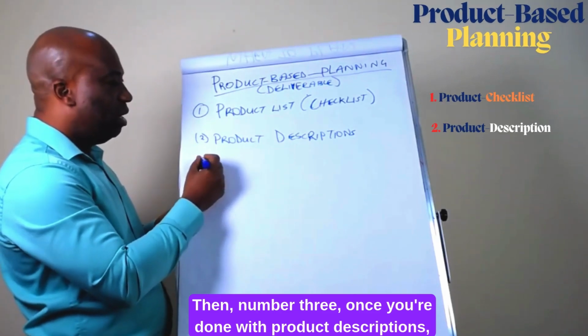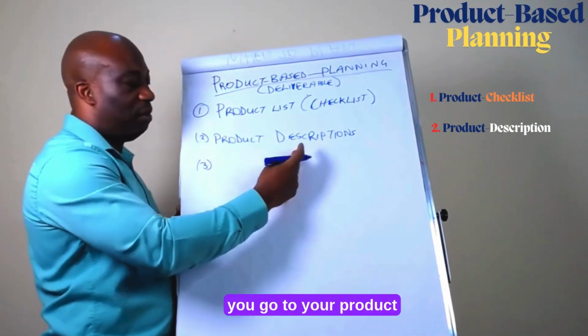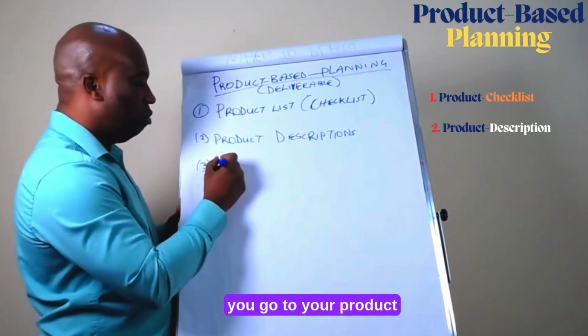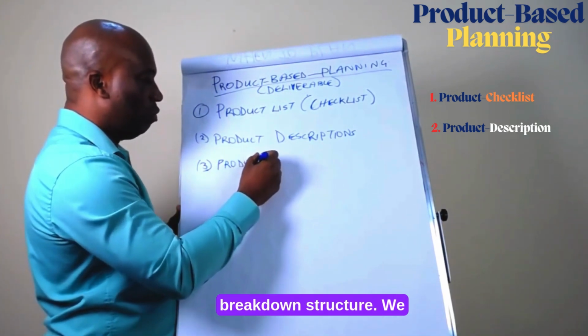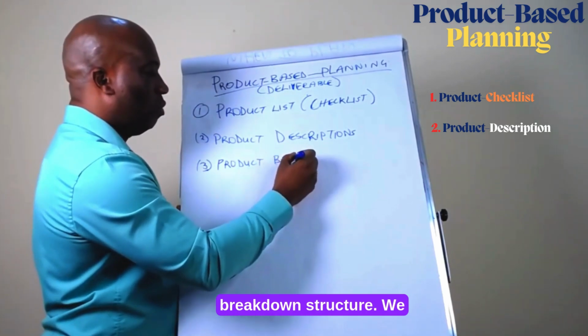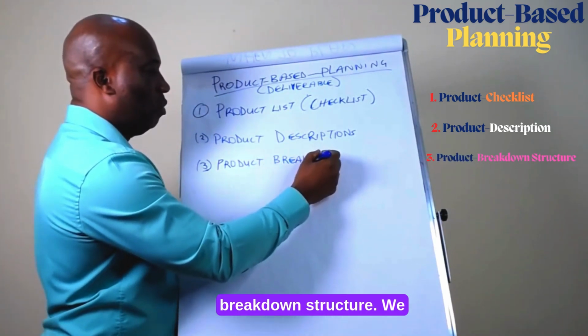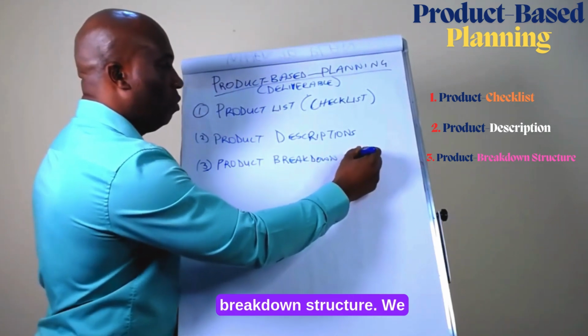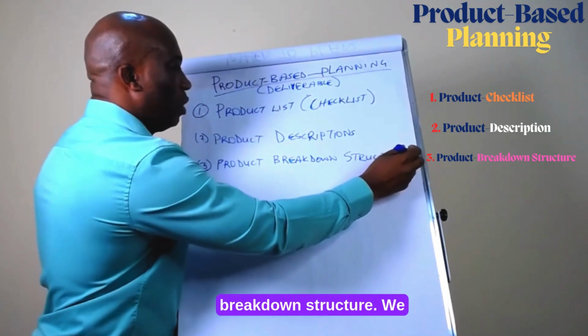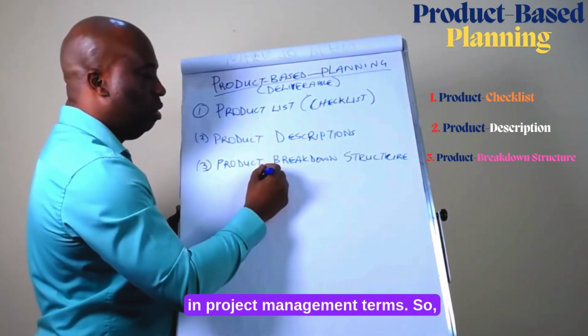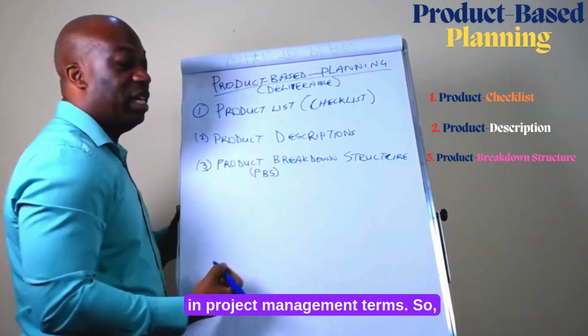Then number three, once you're done with the product descriptions, you go to your product breakdown structure. We normally call it PBS in project management terms.